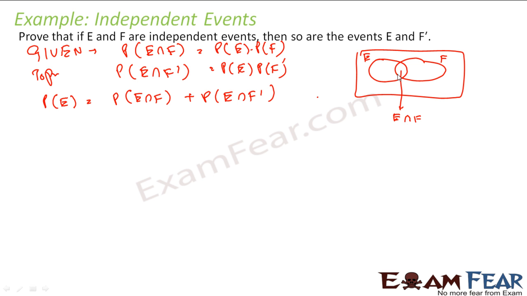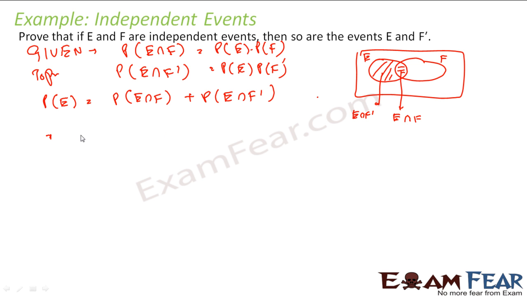F dash is everything apart from this, so this guy will be E and F dash. So if you add these two, you get E. Correct?